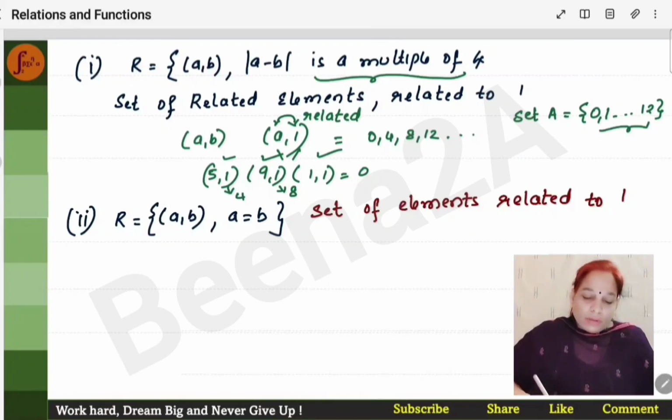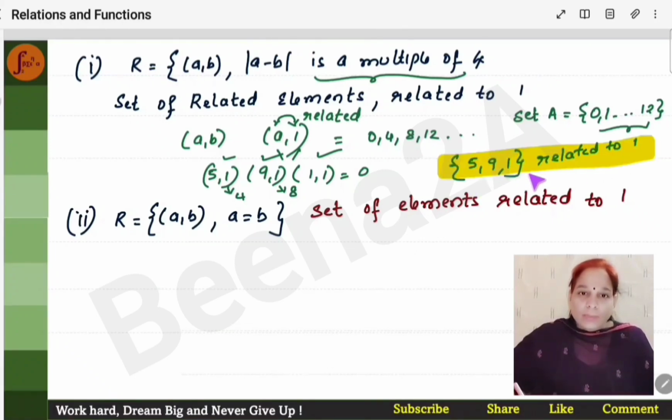So, therefore, you have to write set of related elements are 5, 9 and 1. These are the set of elements which are related to 1.